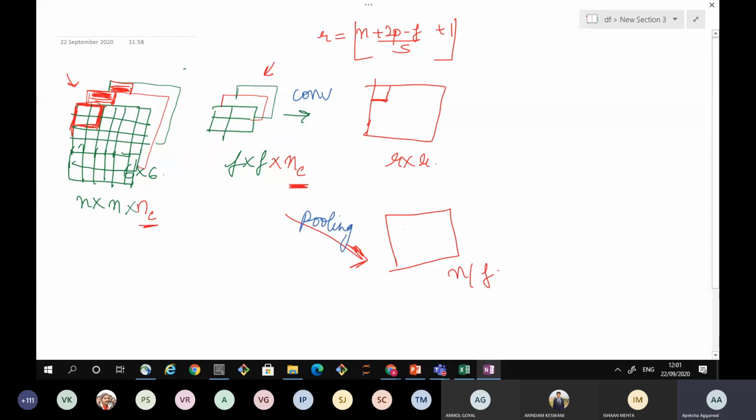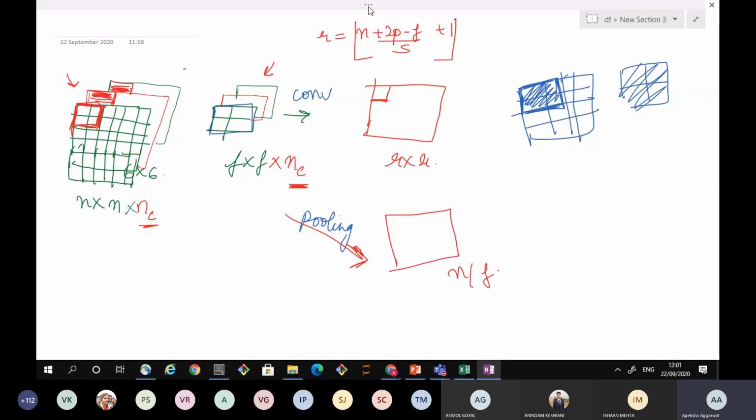So what happens over here is, this whole filter is kept over the image. If it is a 4x4 image, this is my 2x2 filter. So this filter would be kept over this position, first position. Second position, if I am doing non-overlapping, is this.